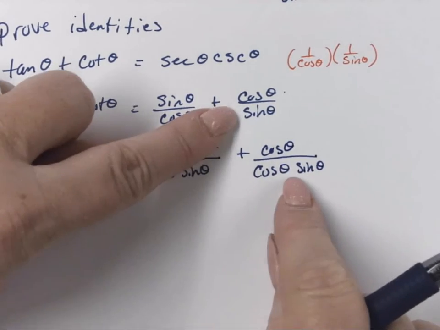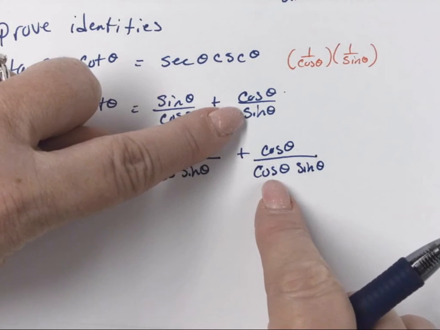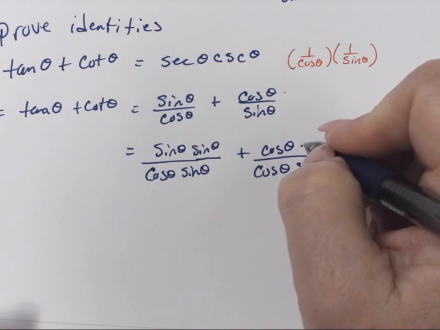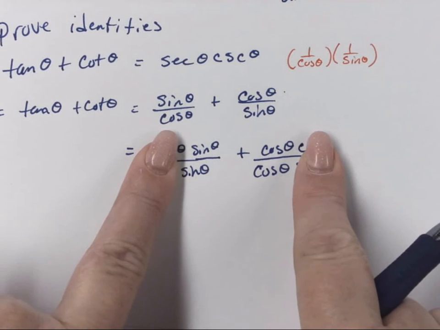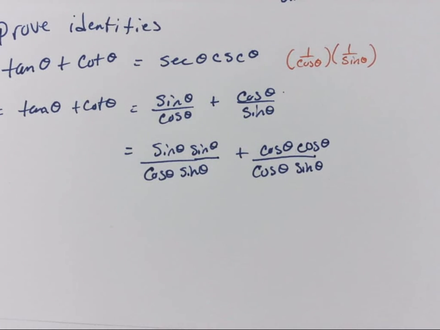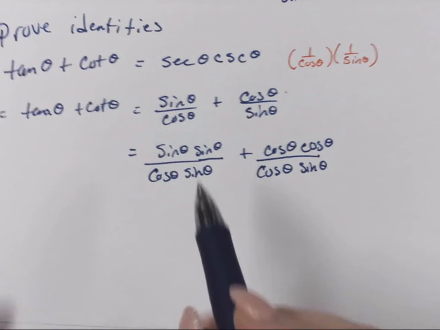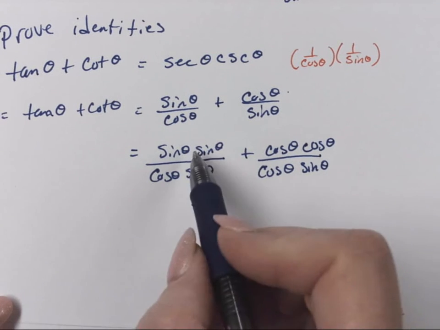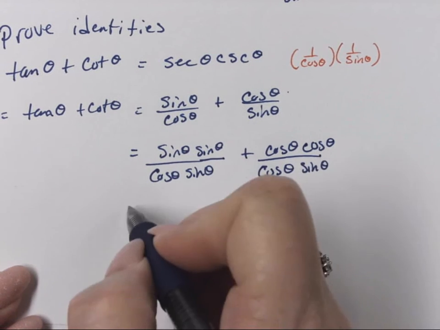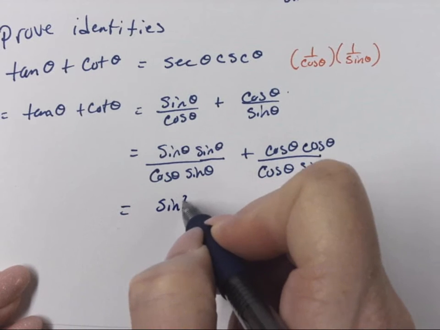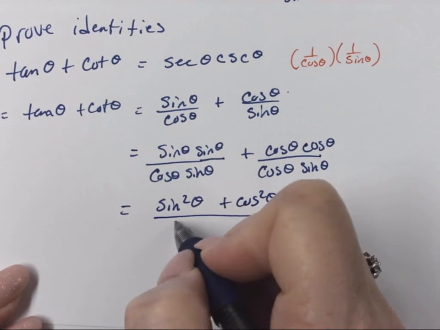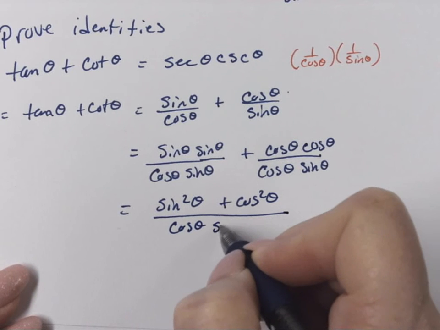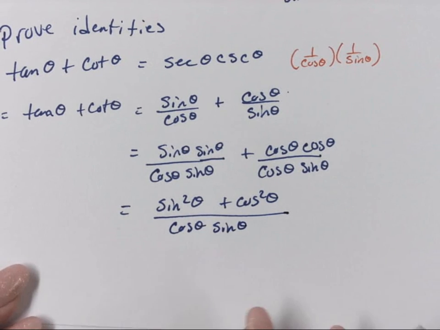Well, with our trig identities, we know, with the Pythagorean identity, that sine squared theta plus cosine squared theta equals 1, so we have 1 over our cosine theta sine theta. Well, this looks very similar to what we were trying to get to, except it's not split apart. So we can now put each denominator, have the 1 on top.